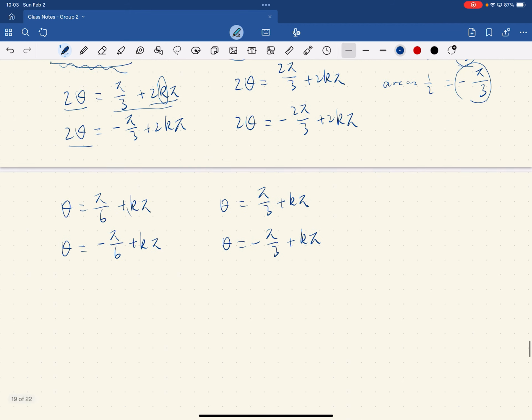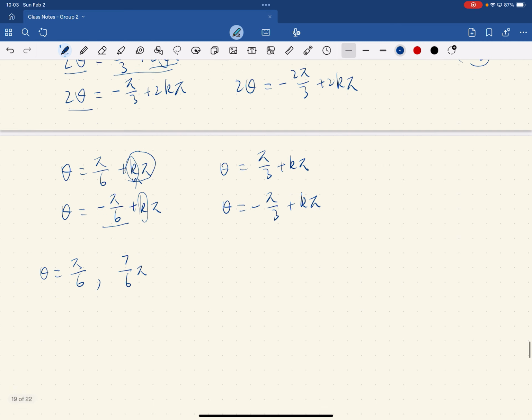So if k is 0, I get theta equals pi over 6, and if k equals 1, I get this. I can't make it 2, because if it's 2, it's bigger than 2 pi. K can't be 0, when it's 0, it's less than 0. But I can make it 1, so when it's 1, you get 5 pi over 6. When it's 2, you get 11 pi over 6, right?